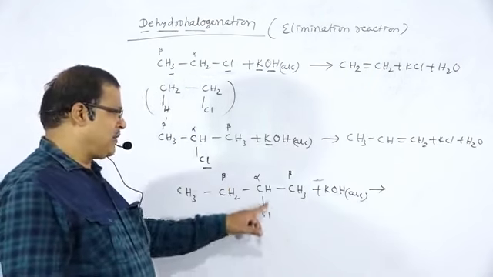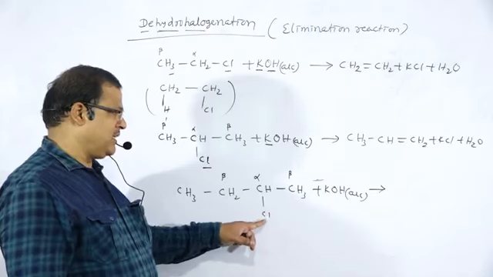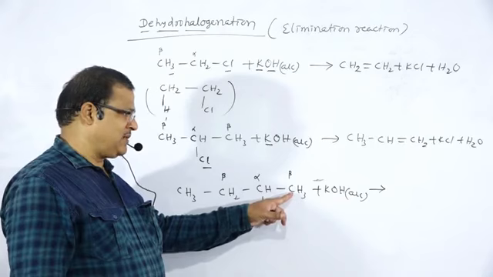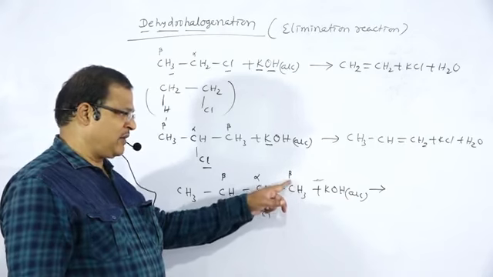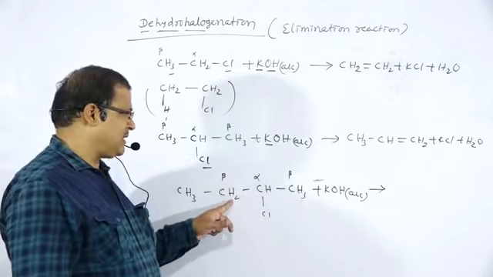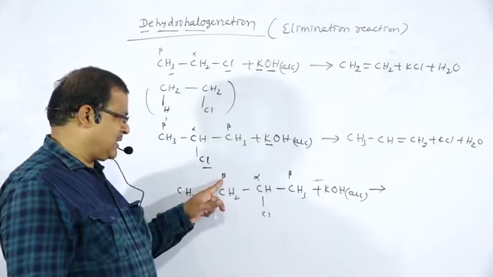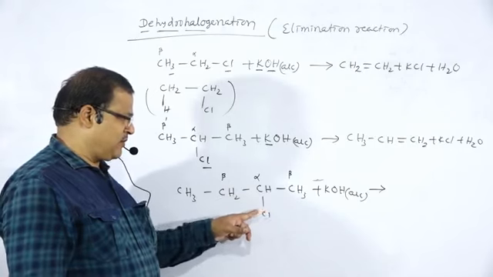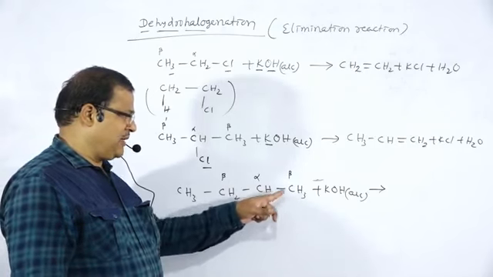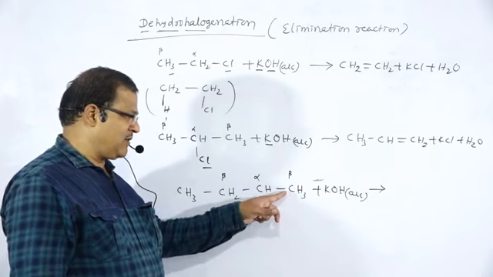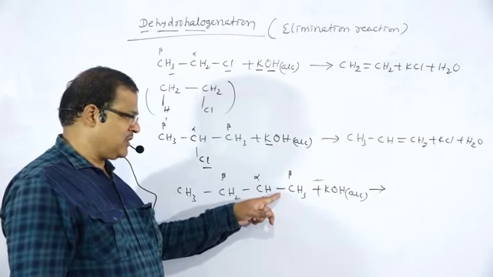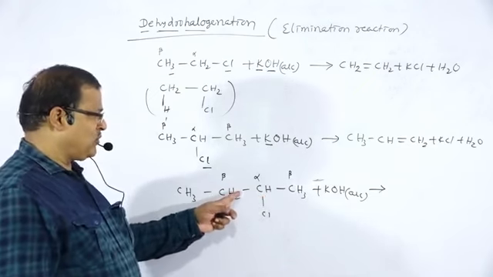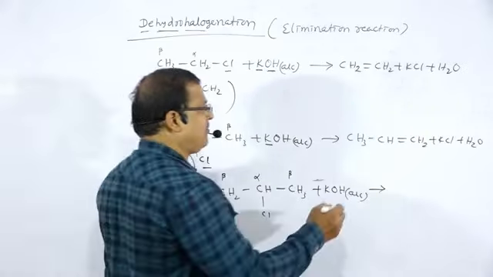Chlorine is removed from this alpha carbon atom, but the hydrogen atom removed can be this beta hydrogen atom or this beta hydrogen atom. If this beta hydrogen atom is removed, then the double bond will be inserted here. If the beta hydrogen atom is removed from this carbon atom, then the double bond will be inserted at this position. So there is a chance of formation of either but-1-ene or but-2-ene.